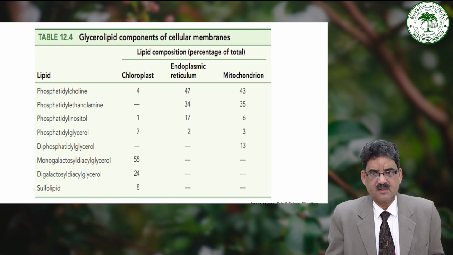Conversely, other membranes within the cell predominantly contain glycerophospholipids, as you can see in the figure. However, in non-photosynthetic tissues, glycerophospholipids are the predominant glycerolipids found in the membranes.